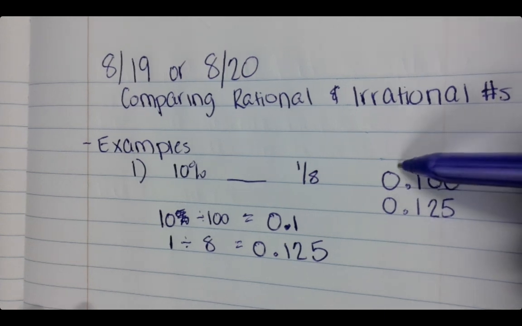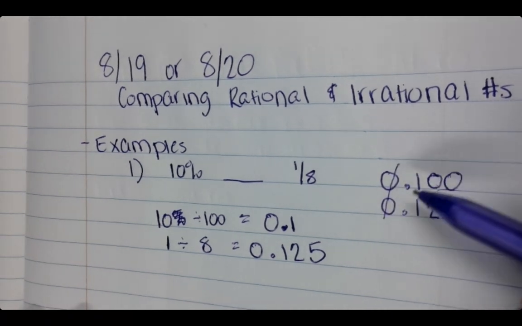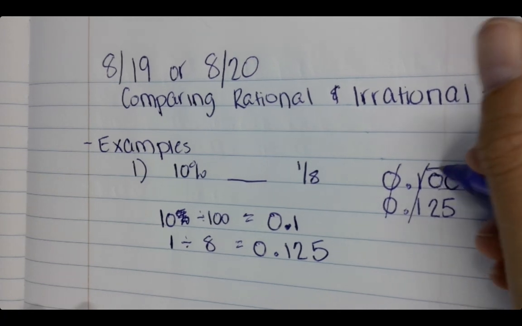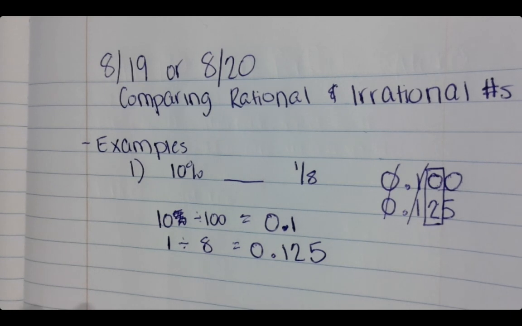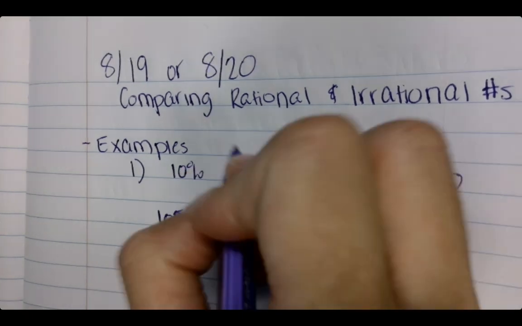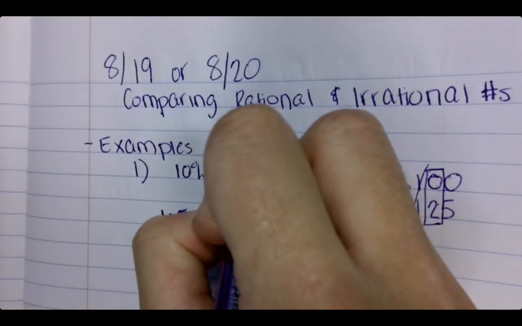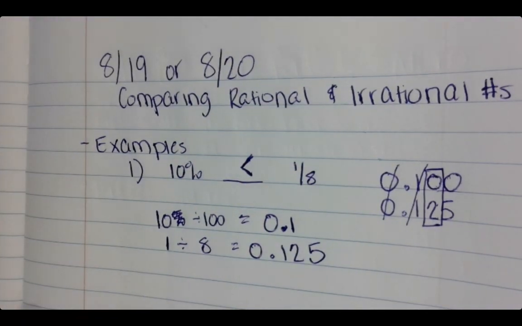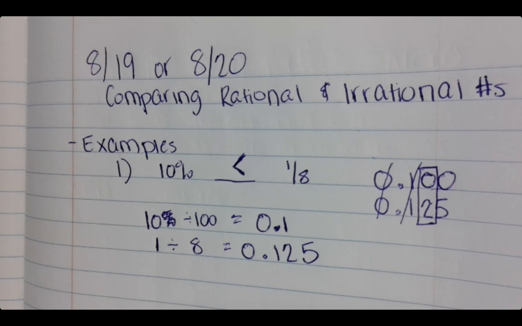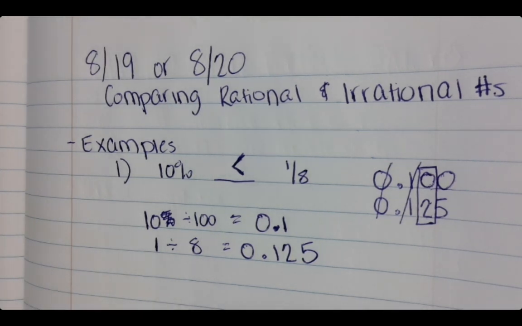So zeros are the same, ones are the same, so we look here. Is 0 bigger or is 2 bigger? 2 is bigger, which means that 10% is less than 1/8.